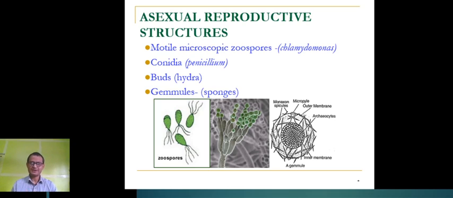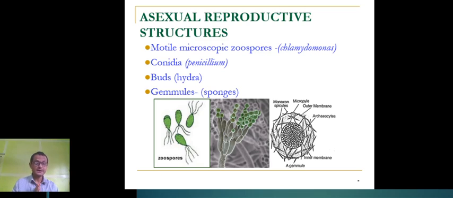Now comes asexual reproduction in some other cases, like structures such as motile microscopic zoospores. There are some organisms like Chlamydomonas where you can see spores known as zoospores, and these zoospores are motile, that means they can move.